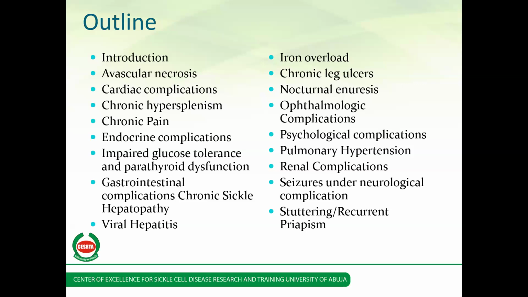Then we also have iron overload, especially coming from chronic and multiple blood transfusions. We have chronic leg ulcers, nocturnal enuresis, ophthalmologic complications, psychological complications, pulmonary hypertension, which is under cardiac complication, renal complications, seizures under neurological complications, and then we have stuttering or recurring priapism.